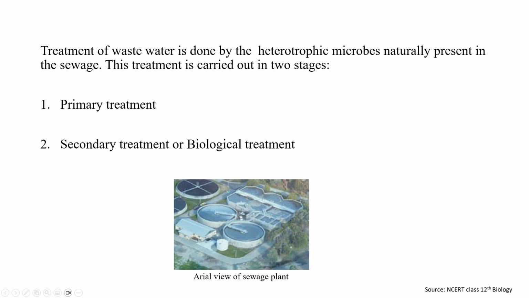This treatment of sewage water or wastewater is done naturally by heterotrophic microbes which are already present in the sewage. And this treatment is carried out in 2 different stages. First one is the primary treatment and second one is the secondary treatment, or we can say biological treatment.